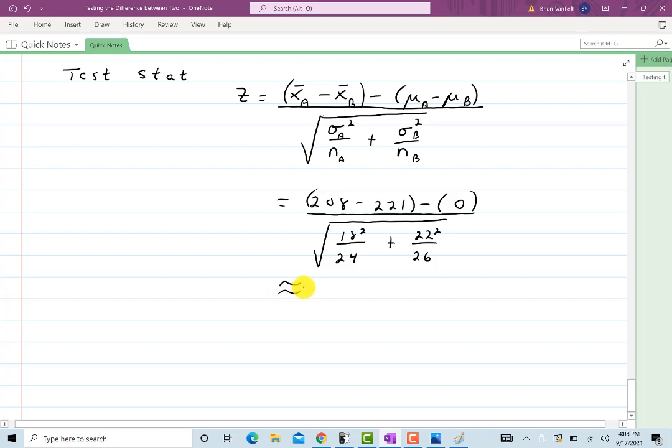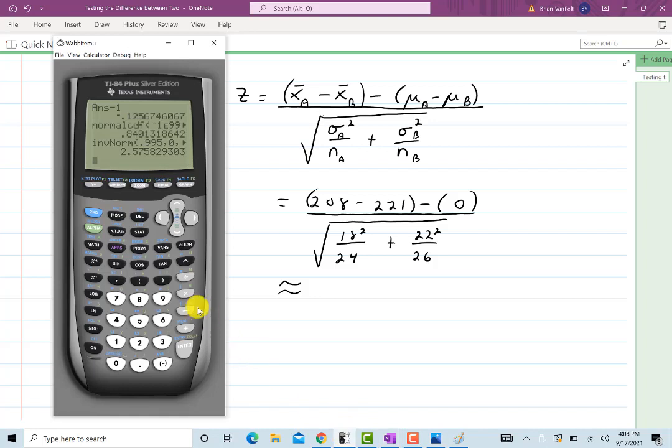And let's see what we get. So I'll bring this up to the calculator. And once again, the way to do it on here is you're going to want to put in parentheses this part, 208 minus 221. I do need parentheses around there so that it knows that the entire thing is in the numerator. And then let me get my stretching square root.